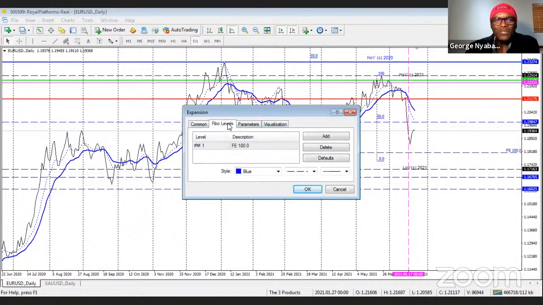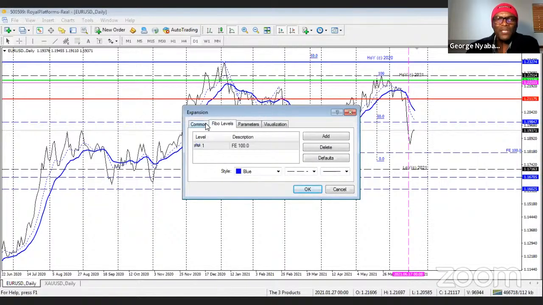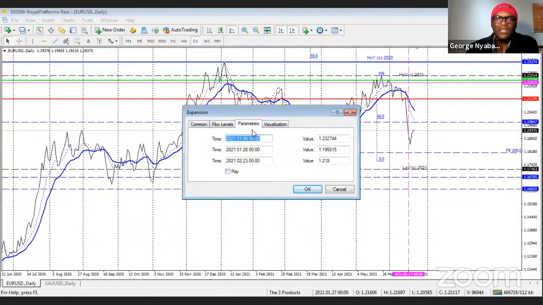Fibo levels, just one Fib level, just one. On this tool, just one Fibonacci expansion, 100. That's all you need. Parameters, now this pops up. All you really want is the common and the Fibo levels. Parameters is where you plunk your start, the end of your first leg, and the pullback.